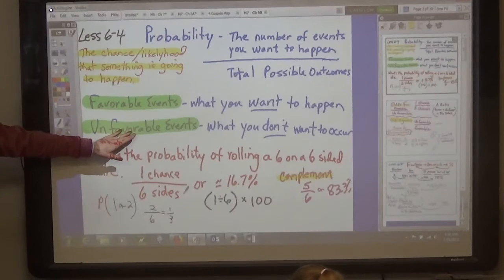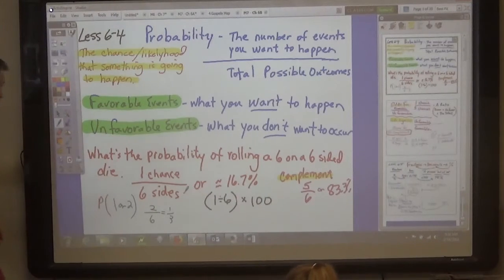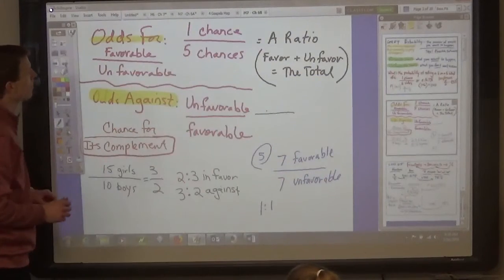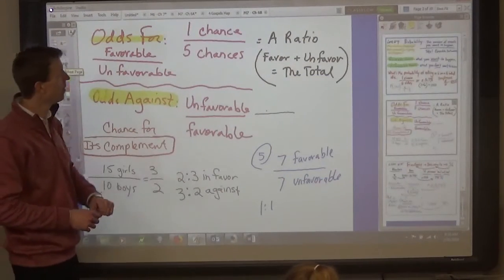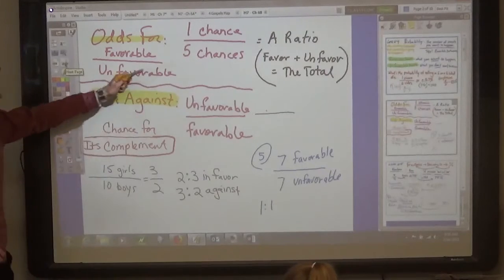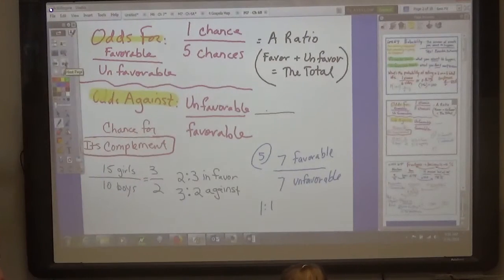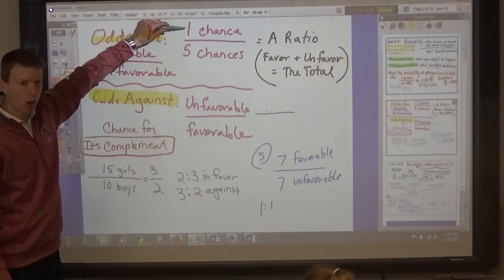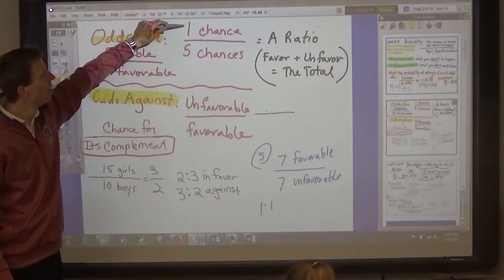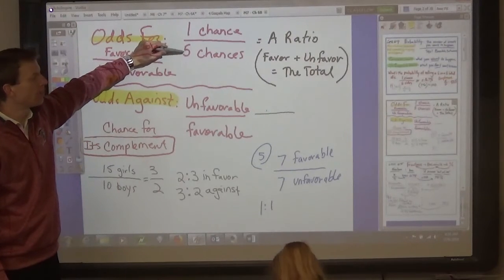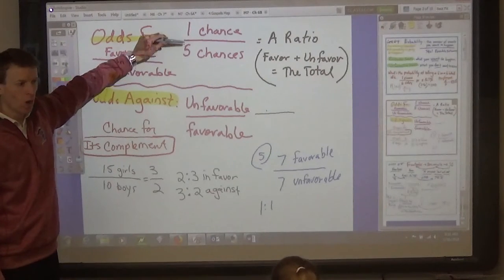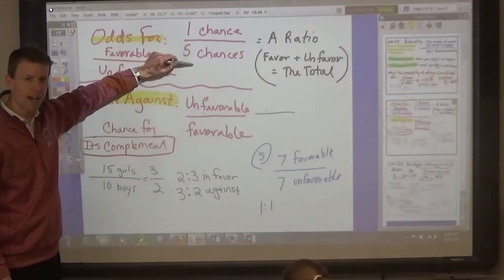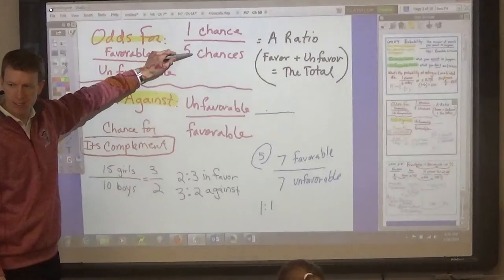Okay? So, for example, here we go. The odds for something, again, over the odds against something. Or, the odds of rolling a 6 are 1 to 5. 1 chance of rolling a 6, 5 chances that you won't roll a 6.